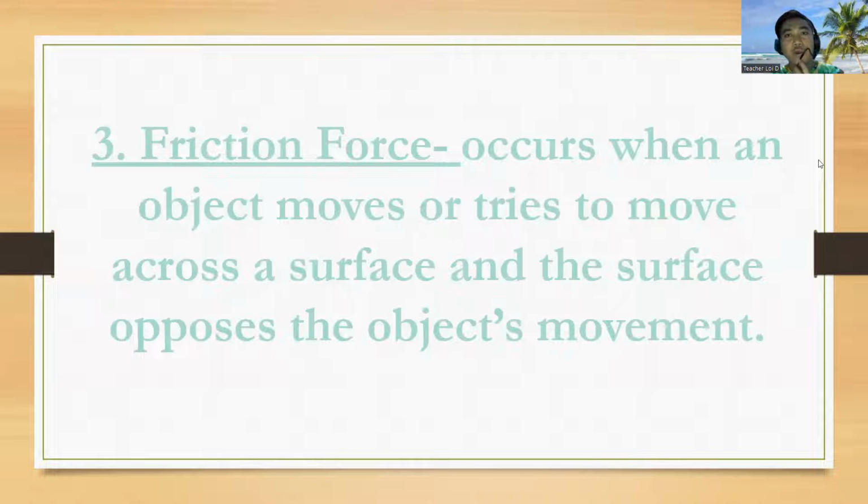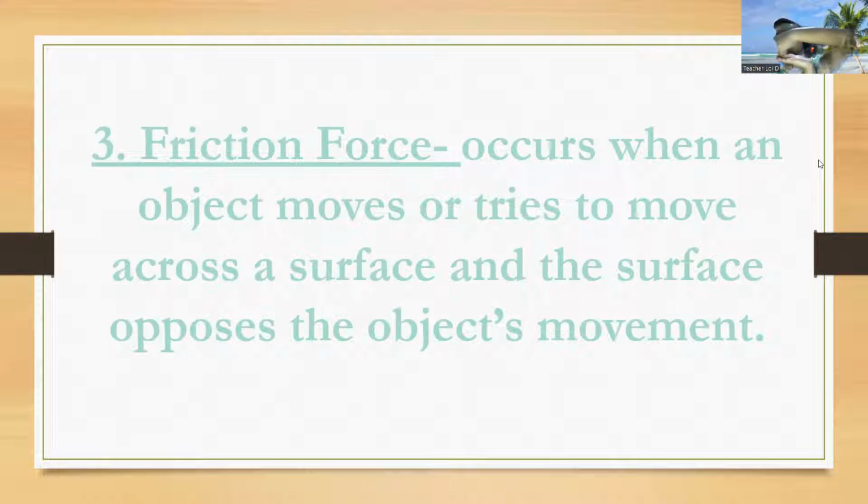Next is friction force. It occurs when an object moves or tries to move across a surface and the surface opposes the object's movement. So merong paggalaw. For example, when we rub our hands, merong friction yan. Okay? So ito yung surface, for example, at ito yung object.